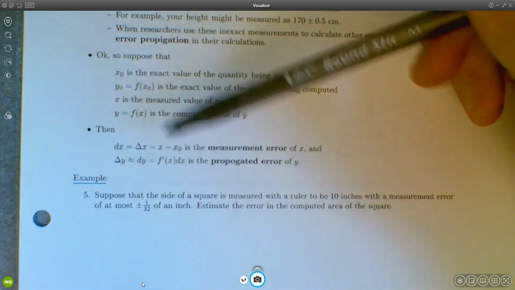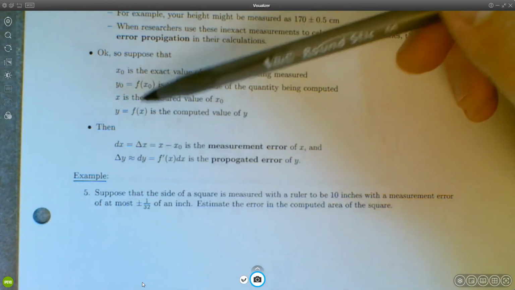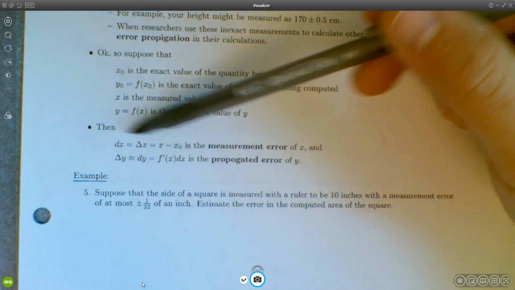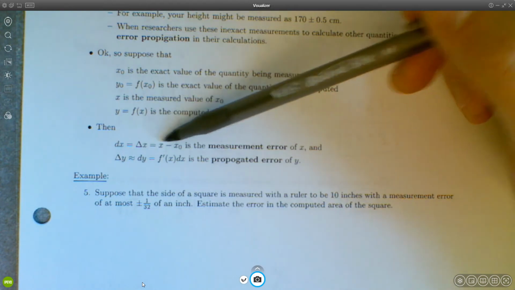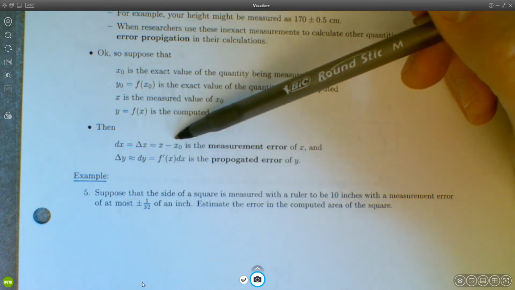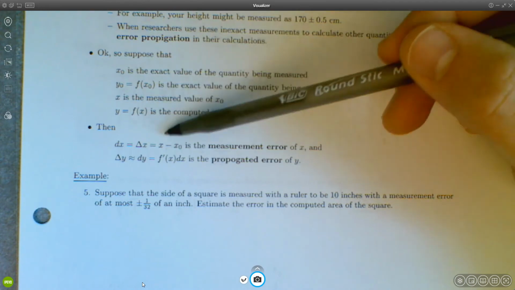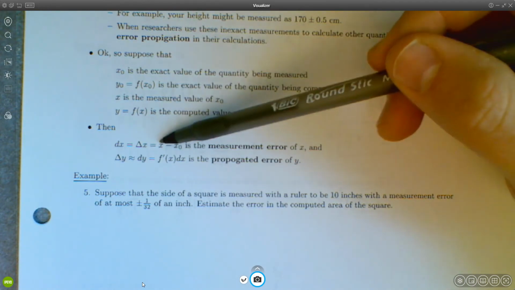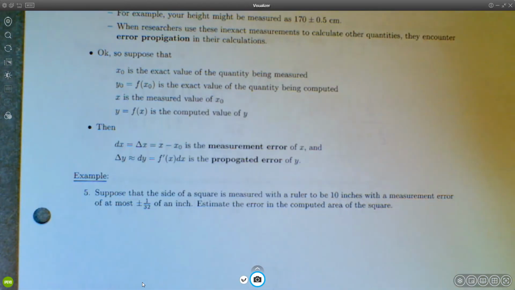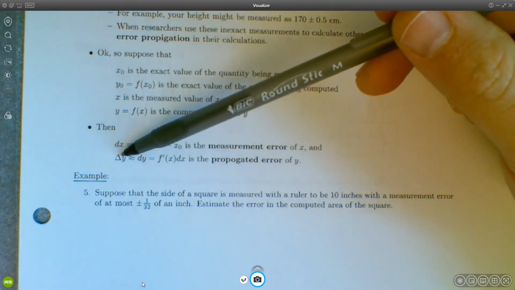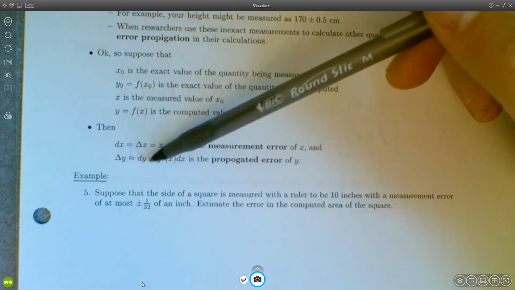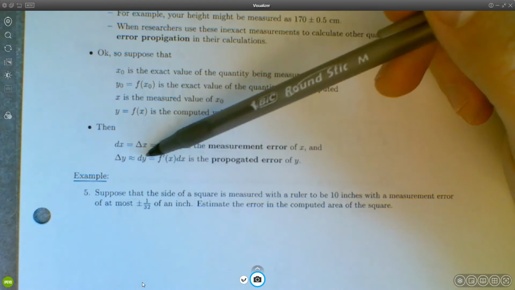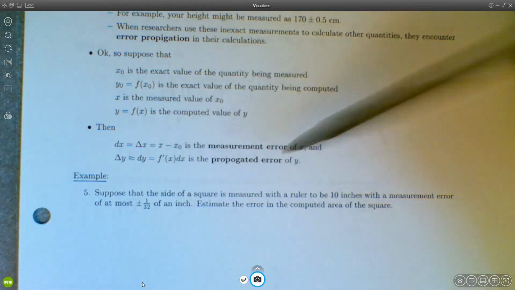Okay, then the measurement error of x is dx, which is the same thing as delta x, and that's just x minus x naught. Okay, so in other words, it's the difference between what you measured and what the exact value is. Delta y is approximately dy, and dy is just f prime of x dx. Okay, that's called the propagated error of y.